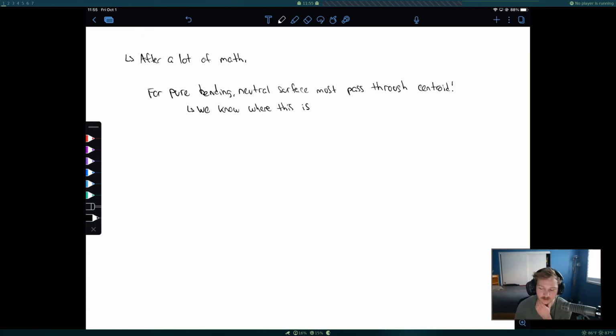Okay, so the basic formula for bending stress, let's write that out. All right, so we have sigma b, the b obviously for bending.